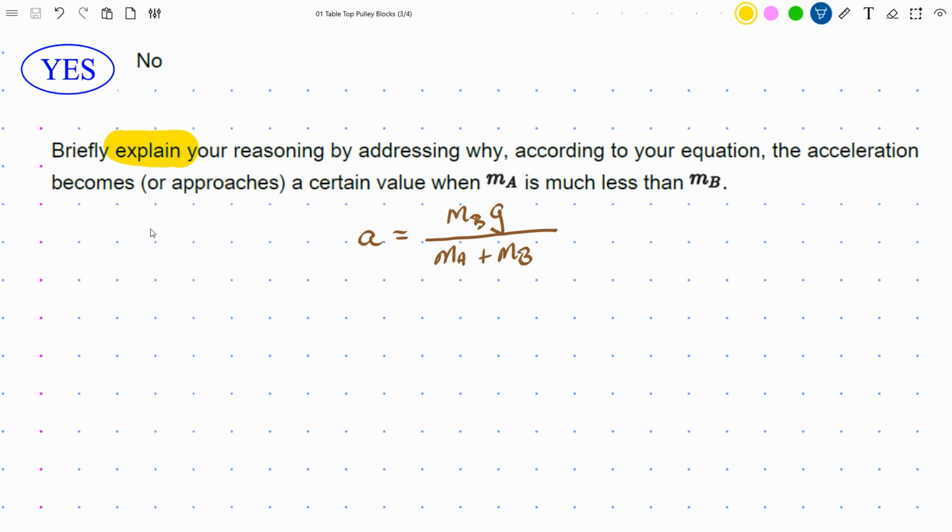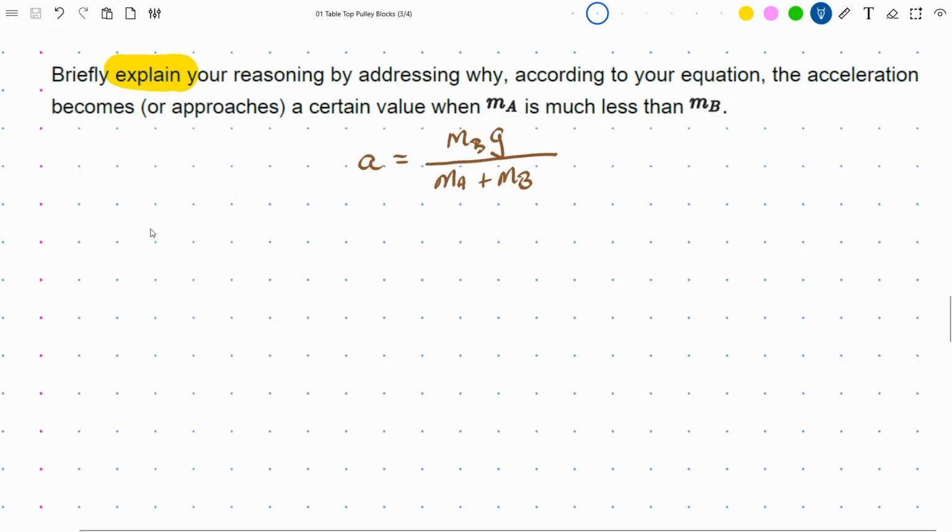So how can I convince them that, given the situation where the mass of A is much less than the mass of B, something interesting is going to come from this? Let me get to work here, and remember that I'm going to use words to explain what I'm doing.